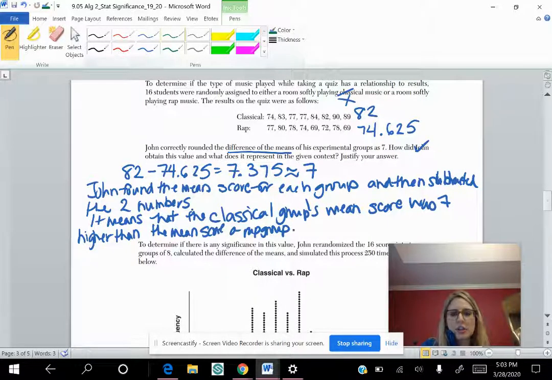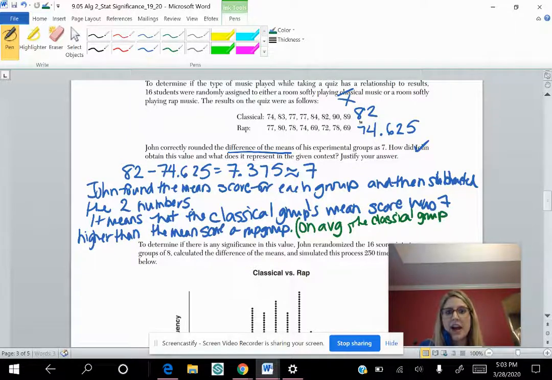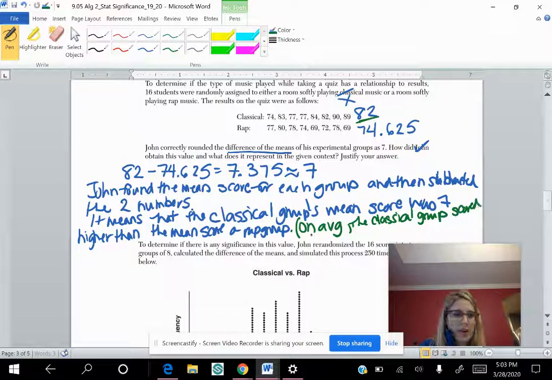But just as you guys are starting to learn this, I'm going to give you some other words to help it all make sense. On average, the classical group, because they had a higher mean, scored about 7 points higher than the rap group.